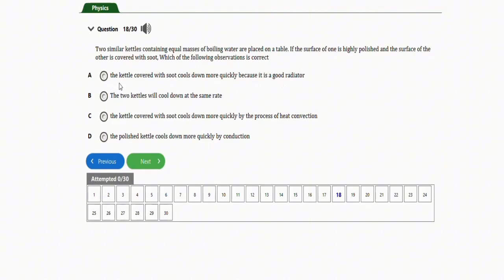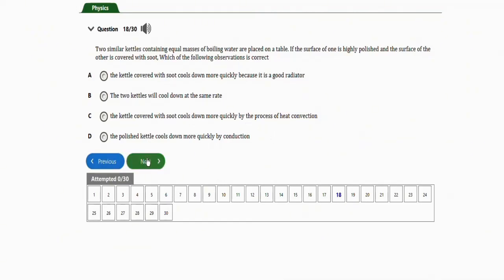B. The two kettles will cool down at the same rate. C. The kettle covered with soot cools down more quickly by the process of heat convection. D. The polished kettle cools down more quickly by conduction. So guys, the correct option to this question will be option A. The kettle covered with soot cools down more quickly because it is a good radiator. So that's it for this question.